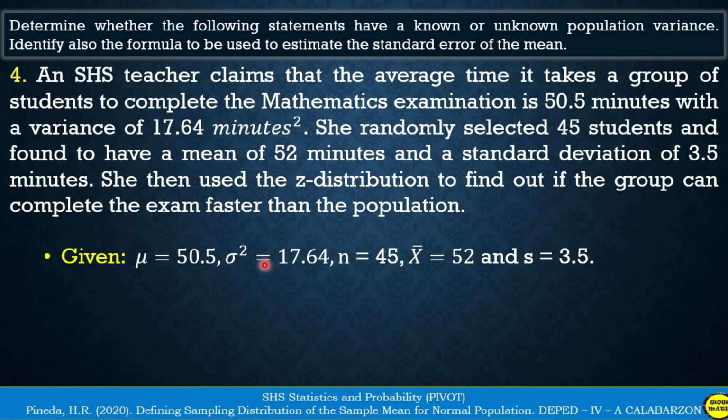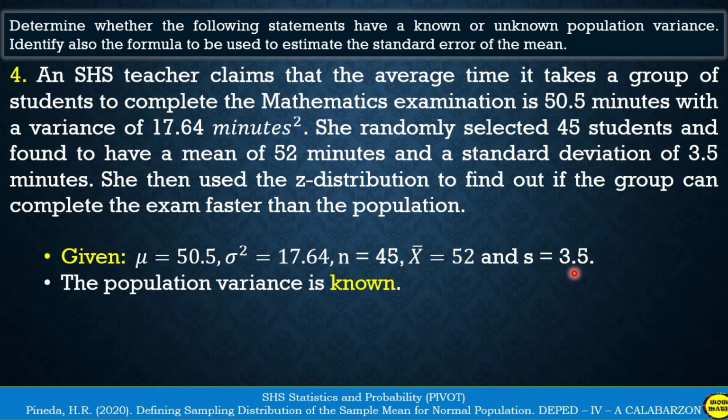Binigay yung population variance. And then the sample size is 45, the sample mean is 52, and the sample standard deviation is 3.5. So therefore, the population variance is known. Kasi sa given pa lang, nandyan na siya.